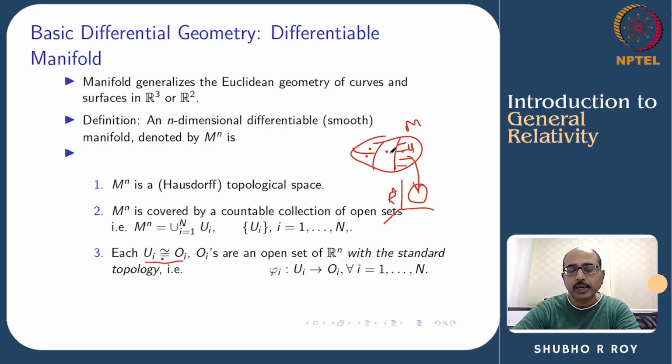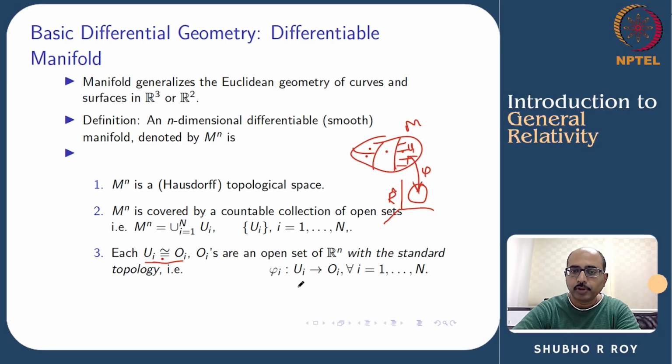This is what people mean when they say, colloquially, that a manifold is something that locally, around the neighborhood of a point, looks like Rn. That means each open set of a manifold which covers the manifold is homeomorphic to an open set of Rn. So I should draw a double-headed arrow because a homeomorphism is an invertible map.